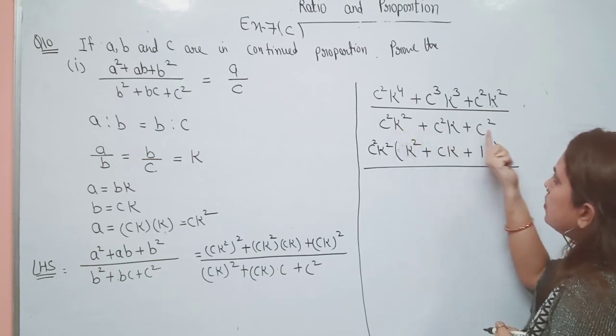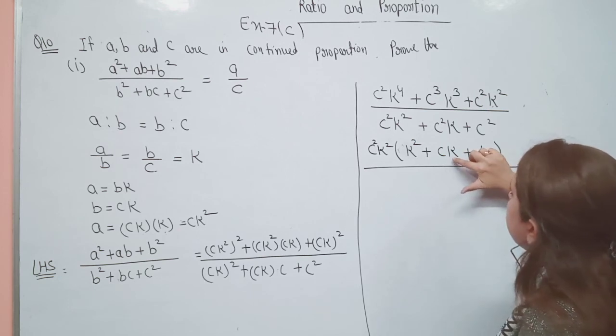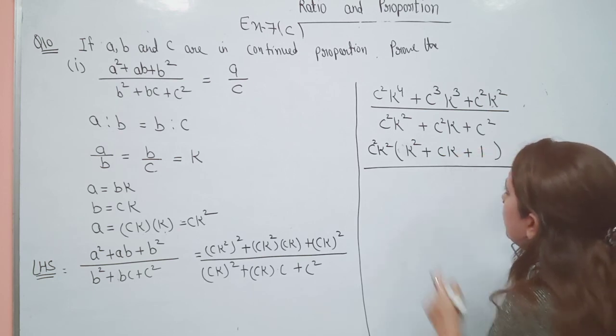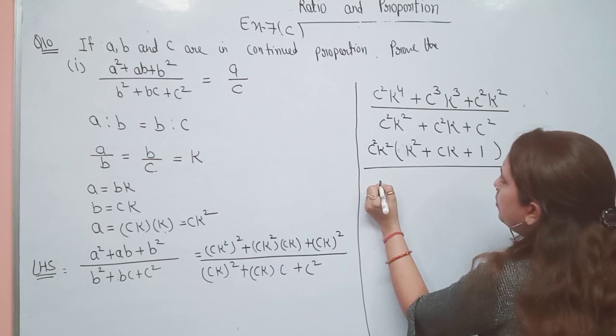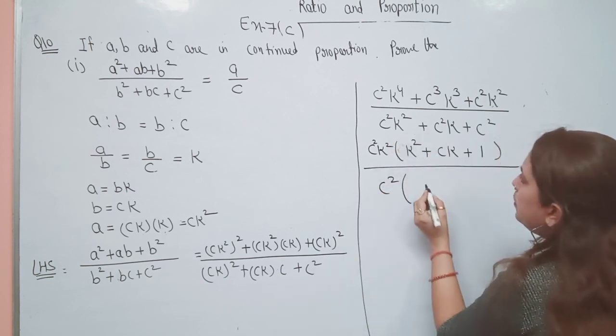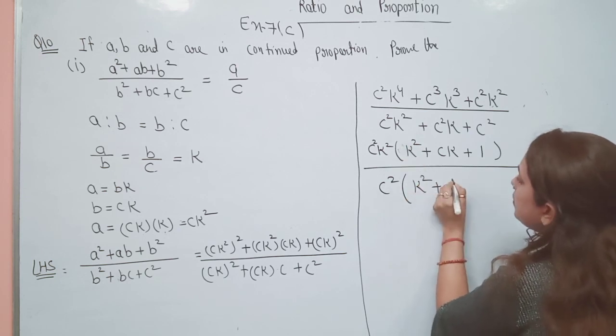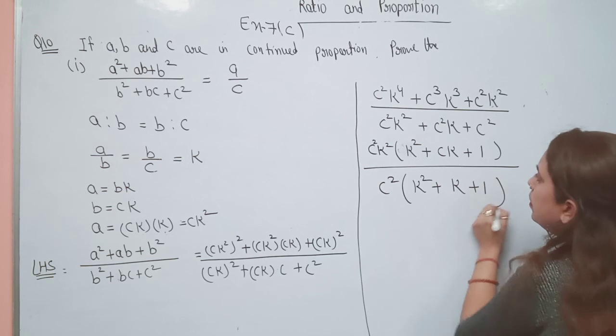C square. Take common C square, it will be K square plus K plus 1.